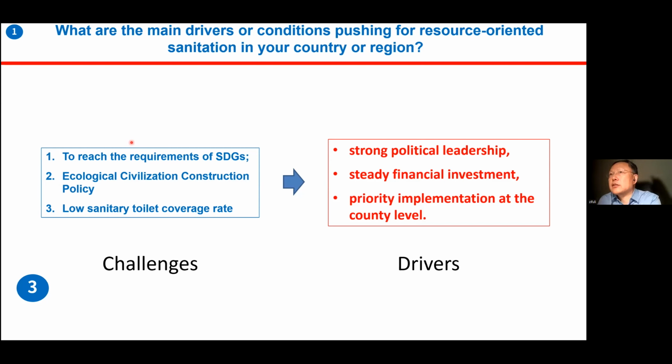But currently, the sanitary toilet coverage rate is still relatively low. So that is the current situation. And the driver, I think, the driving force, is strong political leadership, and also steady financial investment and priority implementation at the county levels. So this financial investment is very important.